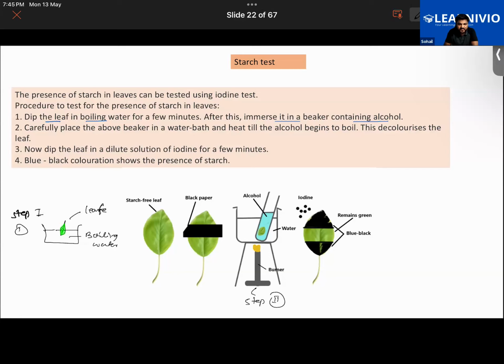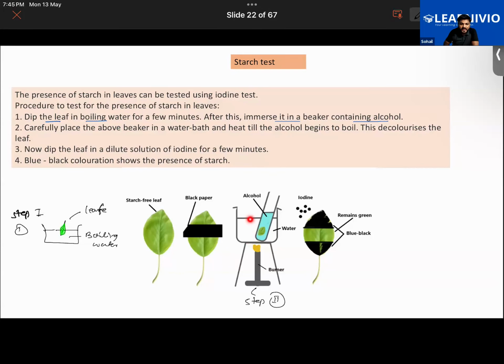So far, is it clear to everyone? What is happening in step number 2? You have immersed the leaf in a test tube containing alcohol. Don't read this, just listen to what I am saying. And now you have placed it carefully in another beaker in which water is filled, and this water is also being boiled.